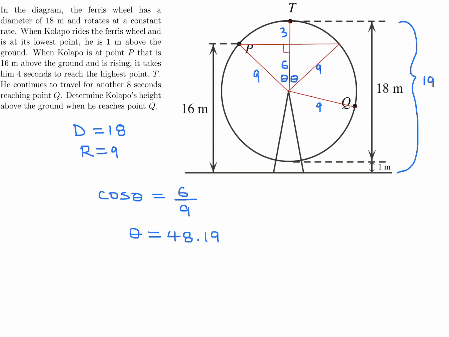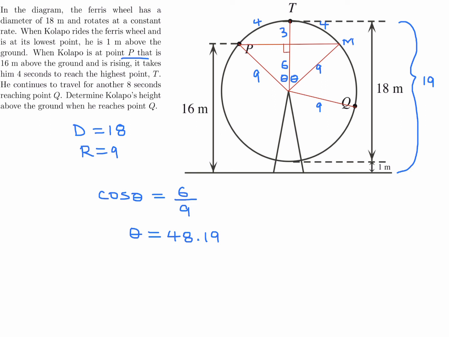And very important in this question is that it takes 4 seconds for him to go from P to T. So when he's here, to go from here to here, it takes 4 seconds. So that means it takes another 4 seconds for him to go from there to there, since that is pretty much the same. It's just a mirror reflection. So 4 seconds to go from there to there, 4 seconds to go from T to this point. We can call it whatever you want to call it, M, let's say.